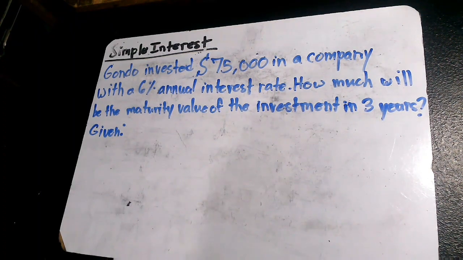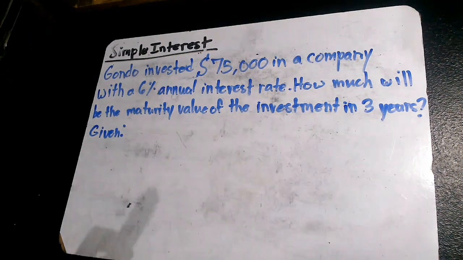The first thing you should do is identify the given information. After identifying the given information, we should properly arrange them in an order so we can determine what is missing and identify what kind of formula we will use in this problem.